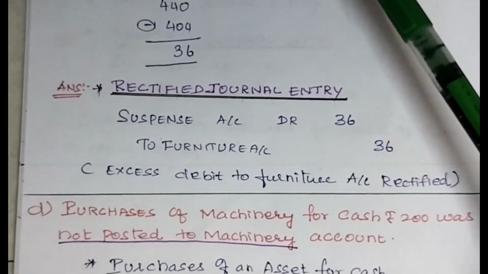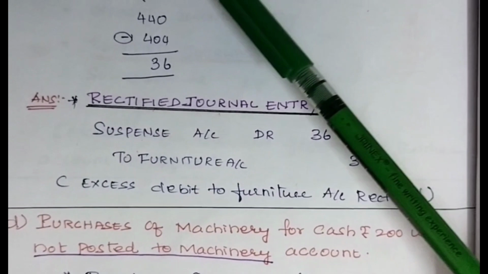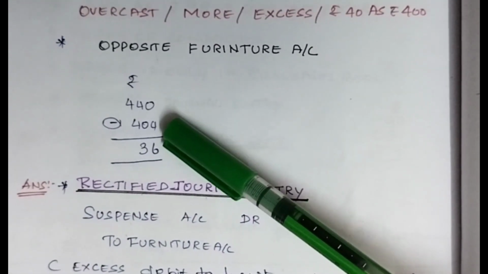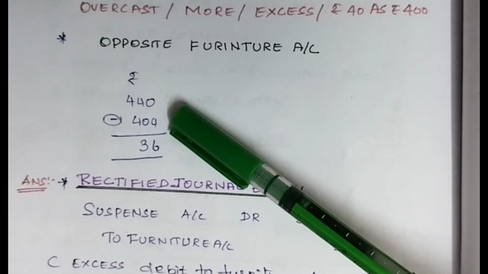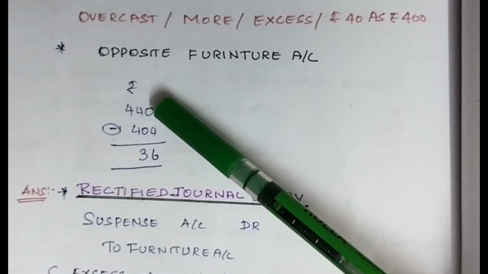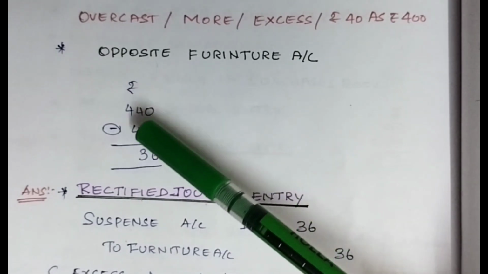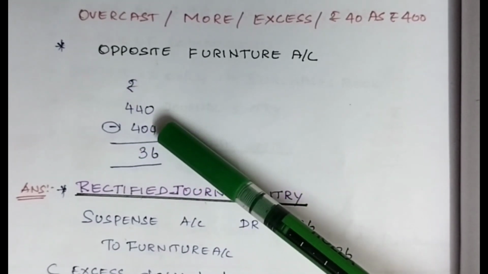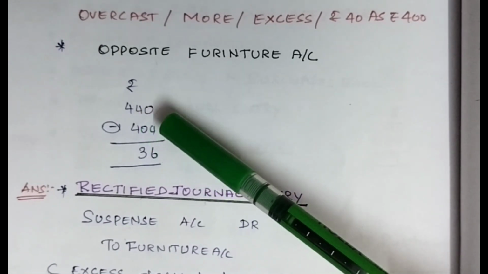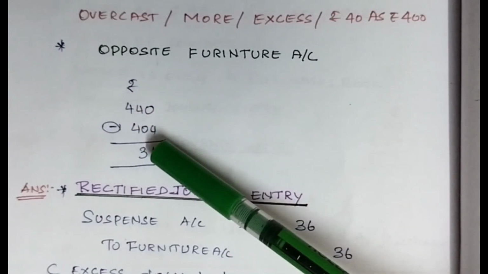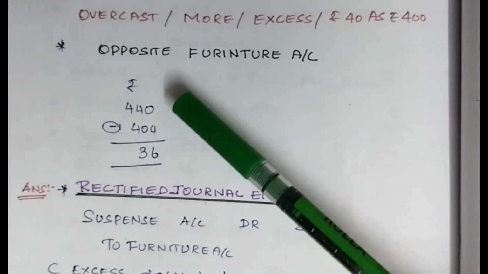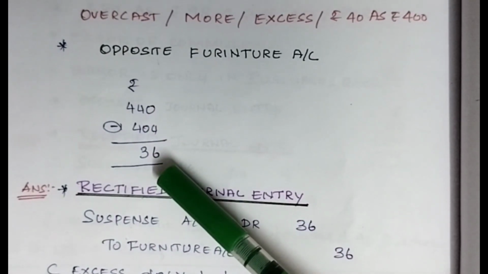How can we rectify that error? You can't enter 440 or 404 in the furniture account. You need to enter the difference amount. Subtract 404 from 440, and you will get 36 rupees.